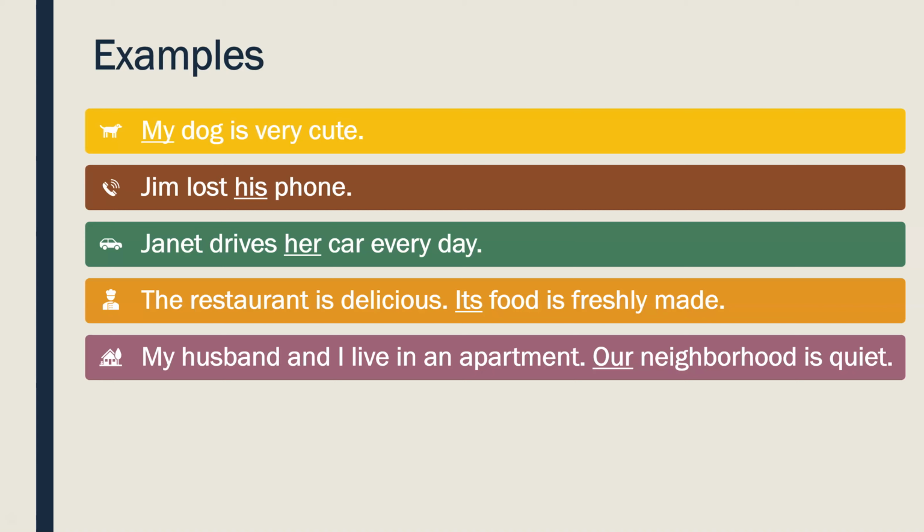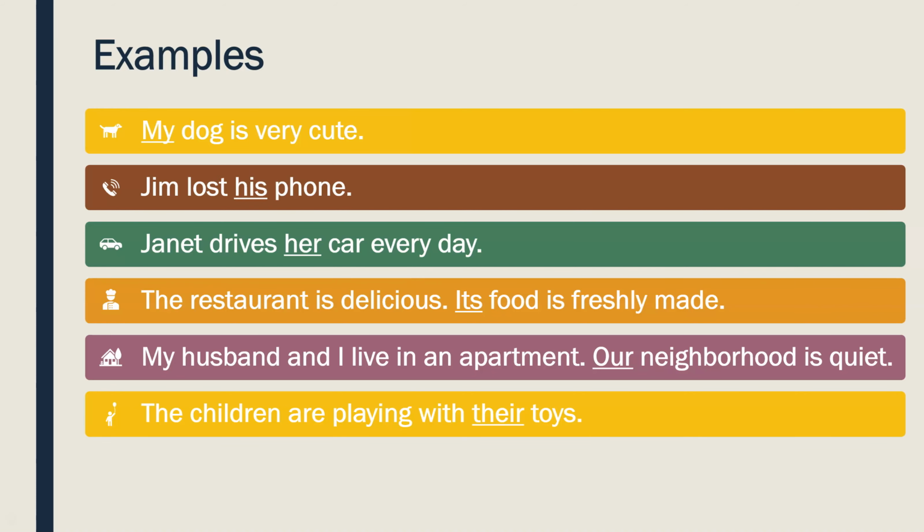Our neighborhood is quiet. Here we have the adjective our, and it's referring to my husband and I. That's two people, right? First person, plural.